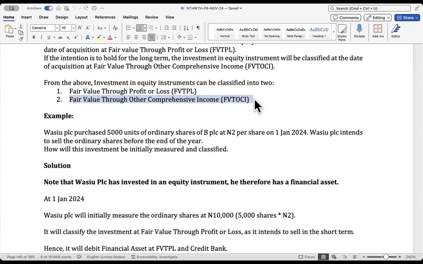So what if you now change from fair value to PL to fair value to OCI? Is that a change in accounting estimates or a change in accounting policy? That would be estimate, not policy. It's policy. It's policy, it's not estimate.